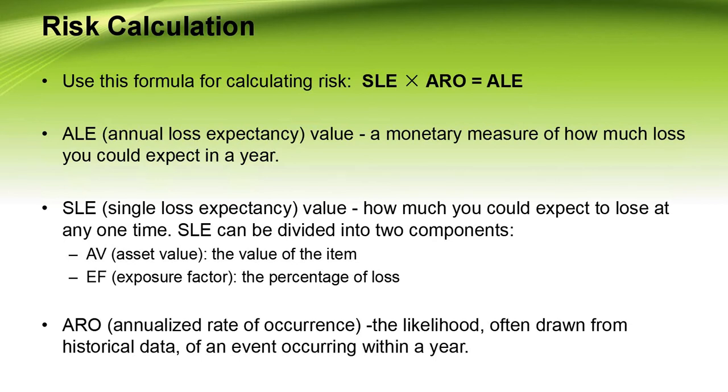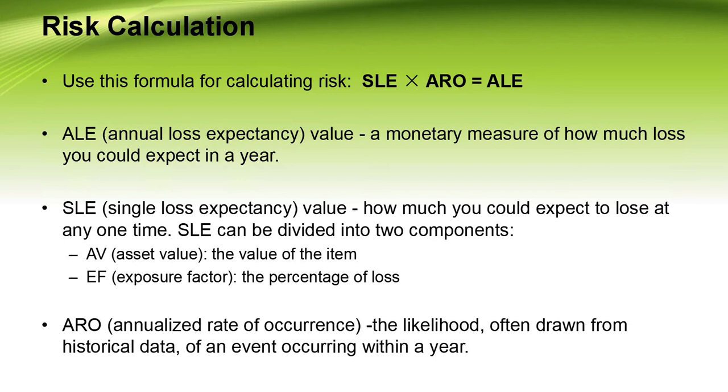ALE equals the SLE times the ARO. SLE times ARO equals ALE, as you can see here. The ALE can be used directly in a cost benefit analysis. Going back to the example, I will show you on the next slide. With the example you will get a clear idea about this.